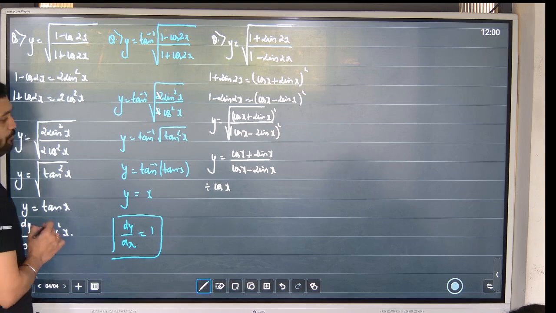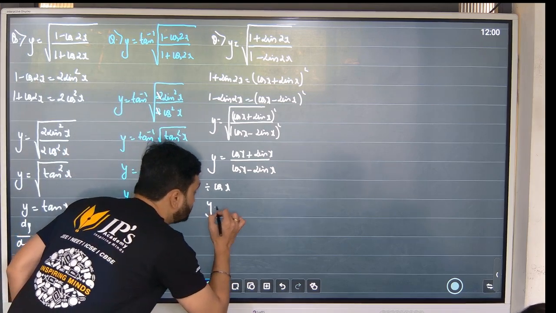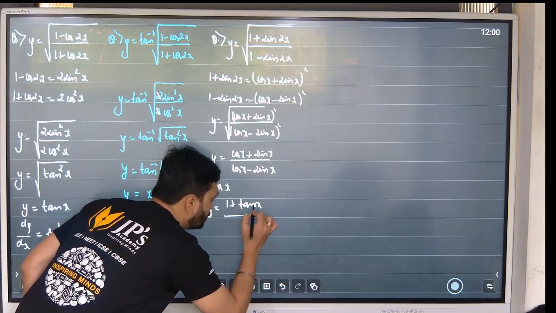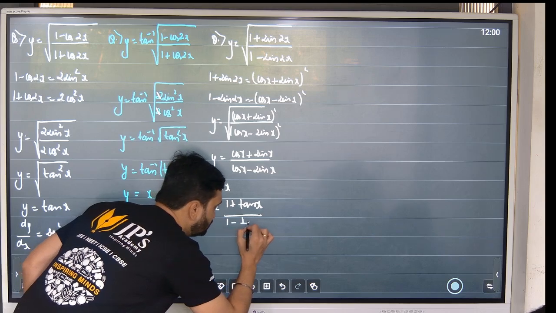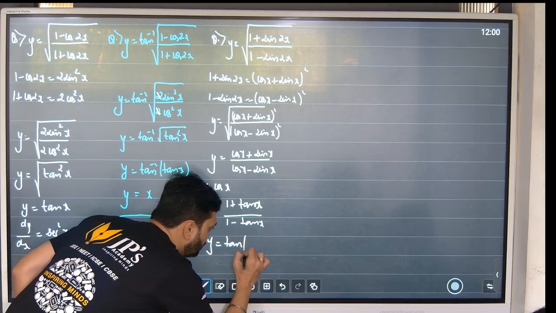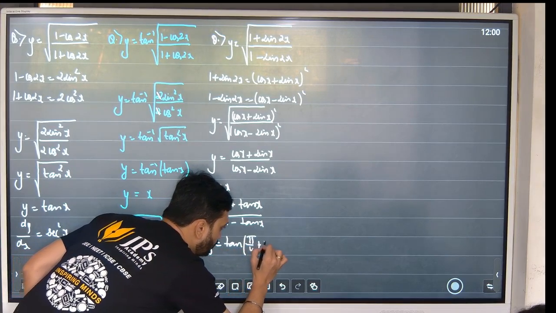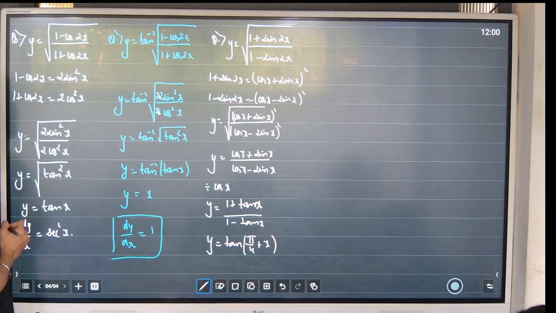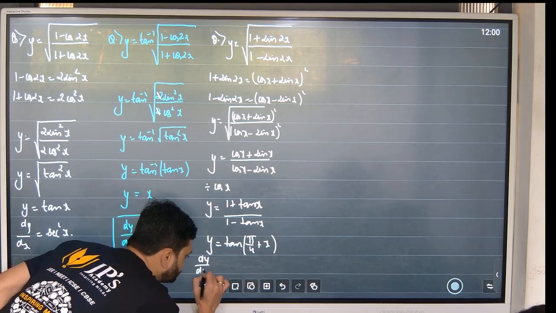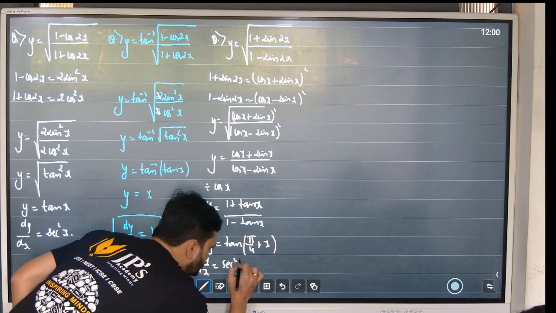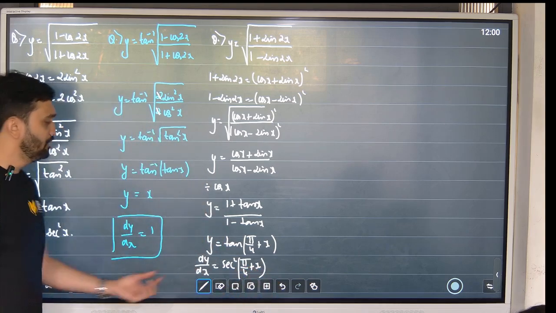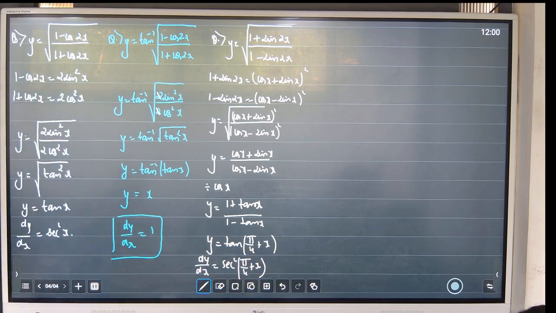Now if I divide throughout by cos x, I will get y is equal to 1 plus tan x upon 1 minus tan x, which is the formula for tan pi by 4 plus x. And the derivative of tan pi by 4 plus x is sec square pi by 4 plus x. Now if I do d by dx of pi by 4 plus x, what would be my answer?